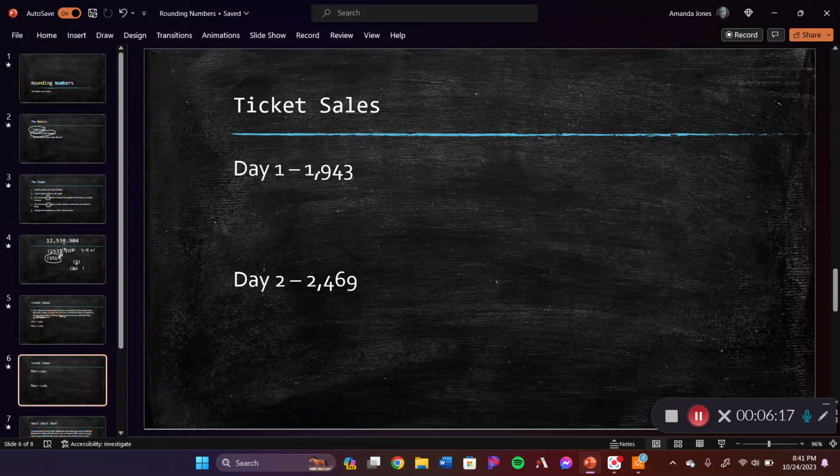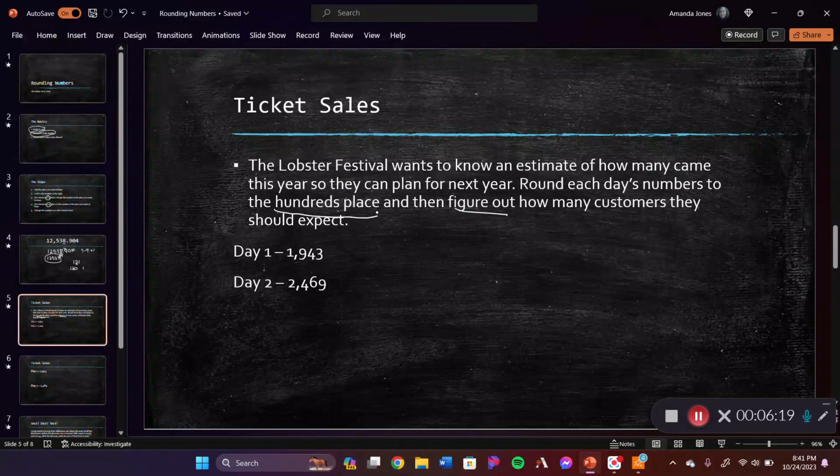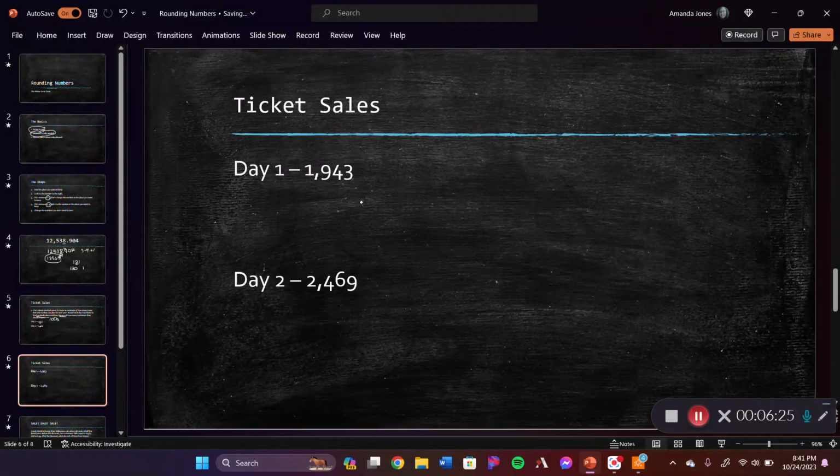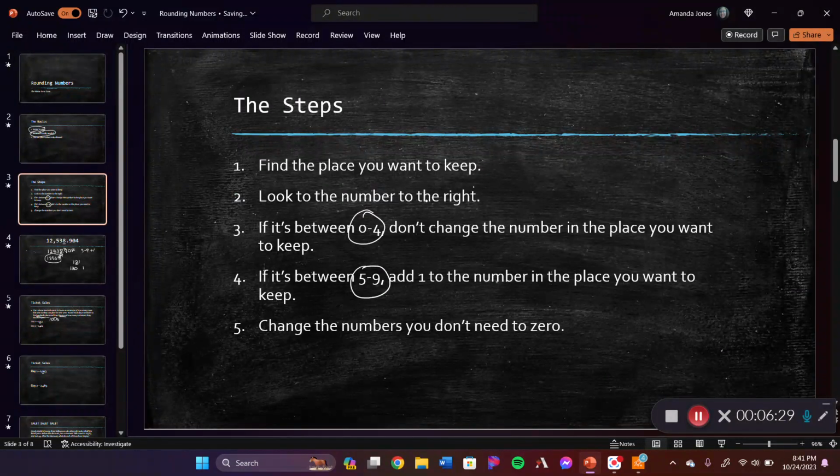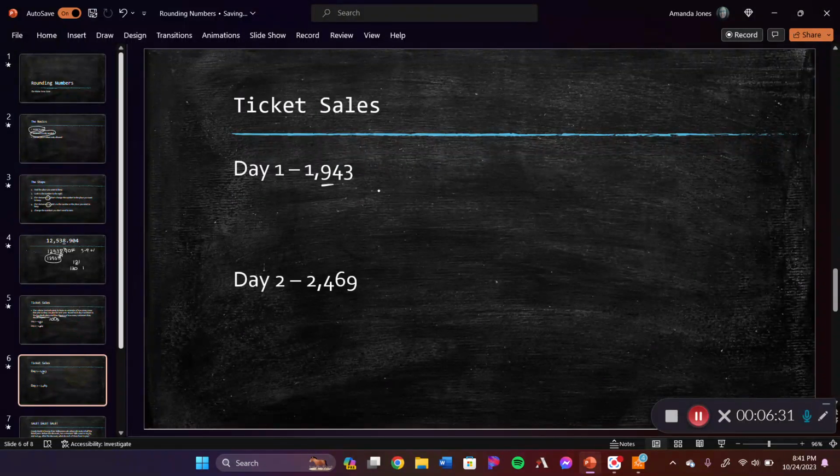So let's round. So we want to round to the hundreds place, right? So that's the 9 and that's the 4. Okay? So the 9, back at our steps, look to the number to the right. So 9, we're going to look at the 4. And our range is 0 to 4, we're going to keep that number.